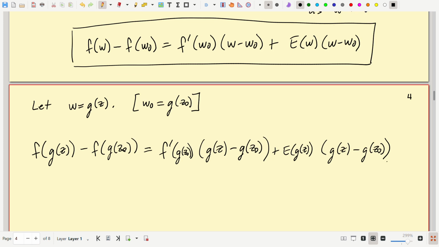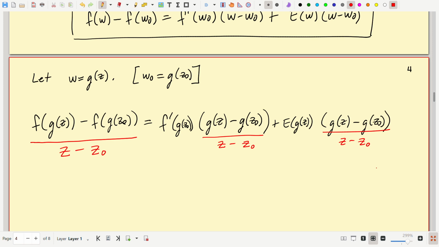And I realized, aha, that's the numerator in the difference quotient I want to calculate. And so that's the numerator, and if I put Z minus Z naught in the denominator, I get the difference quotient I want to calculate. And now when I distribute that over here, I'll stick it on this one, because that's where it belongs. And I'll stick it on this one, because that's where it belongs. And so that difference quotient that I want to understand, let's see, now I'm going to use the rules of calculus.